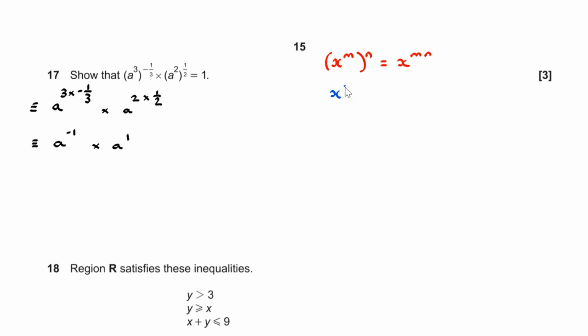So x to the power of m times by x to the power of n is the same as x to the power of m plus n. So what we have here then is a to the power of minus 1 plus 1, which is just a to the power of 0, and of course a to the power of 0 is just 1. And so therefore this result is equal to 1.